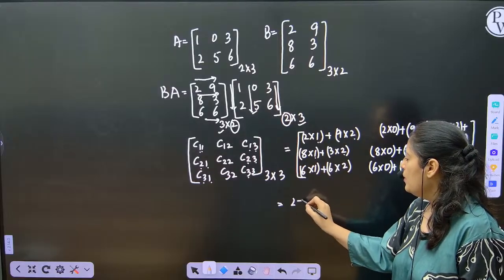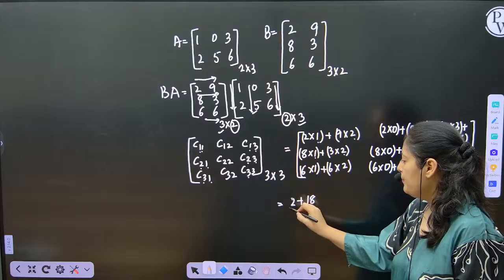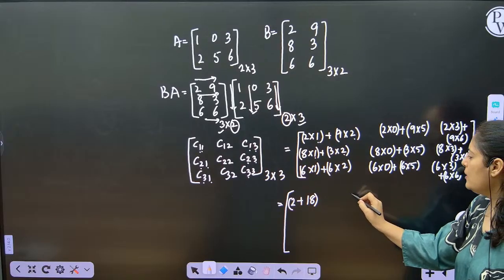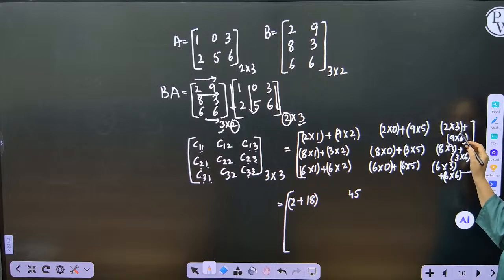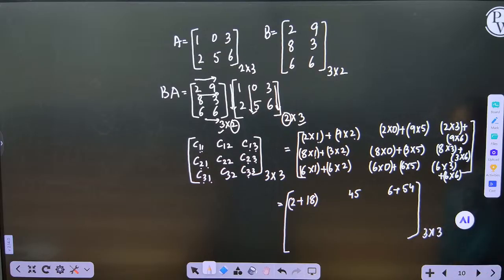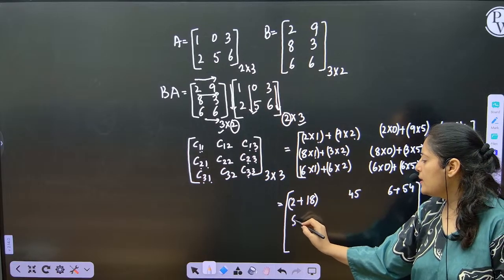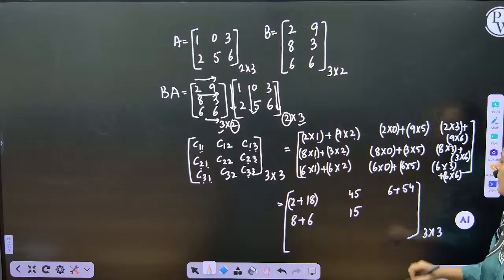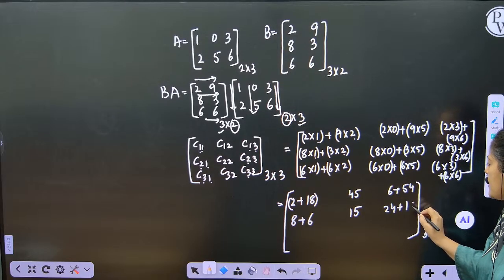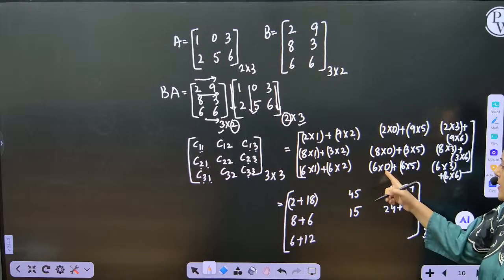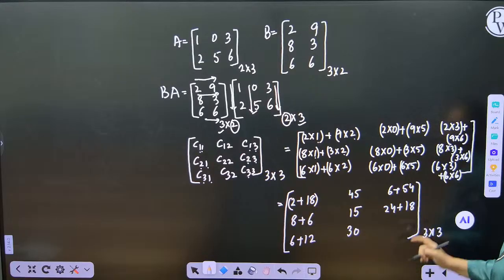2 ones are 2, 9 twos are 18. 2 zeros are 0, 9 fives are 45. 2 threes are 6, 9 sixes are 54. 8 ones are 8, 3 twos are 6. 0, 3 fives are 15. 8 threes are 24, 3 sixes are 18. 6 ones are 6, 6 twos are 12. 0, and 6 fives are 30. 6 threes are 18, 6 sixes are 36.